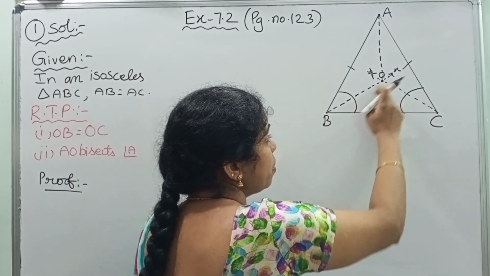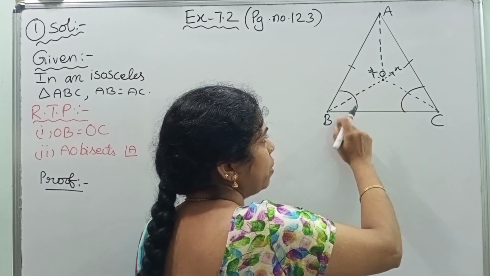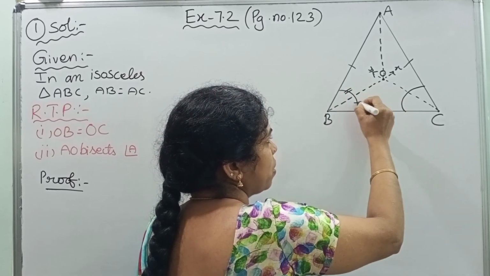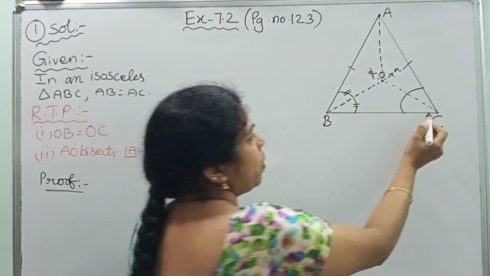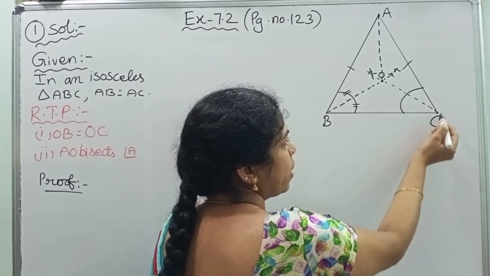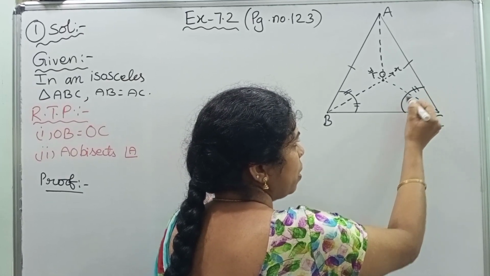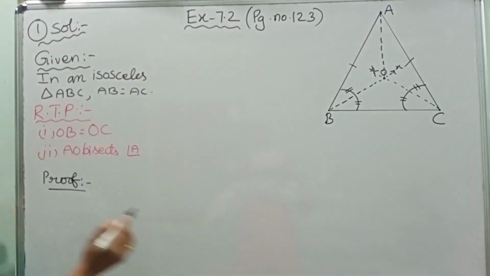BX is the angular bisector of angle B and it divides angle B into two equal parts. So this part is equal to this part. CY is the angular bisector of angle C. It divides angle C into two equal parts. That is the information that we have.